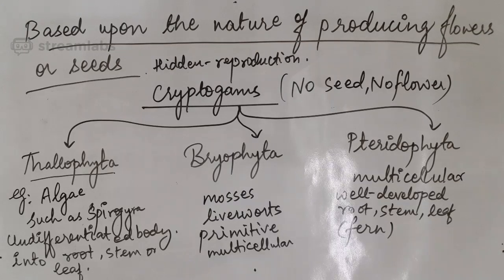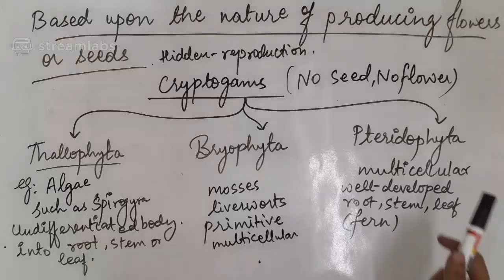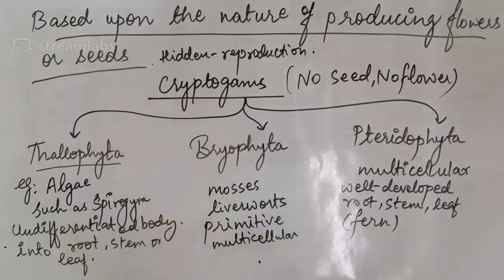Next come the phanerogams. Okay, after this, the second division based on the nature of producing flowers or seeds is the phanerogams. Okay, I am rubbing it down.